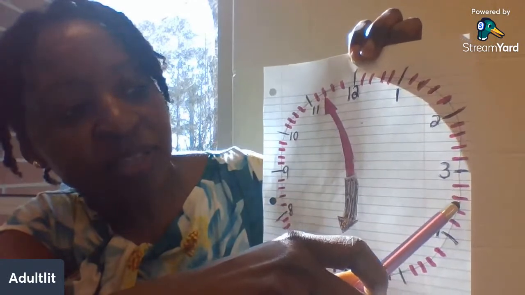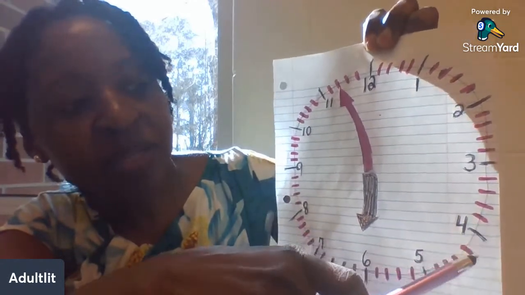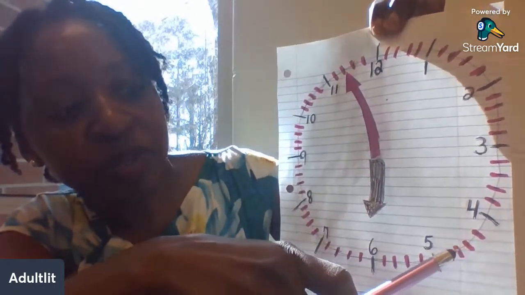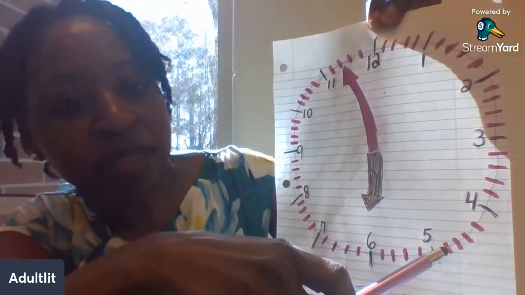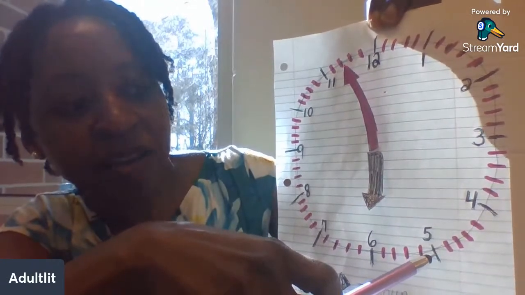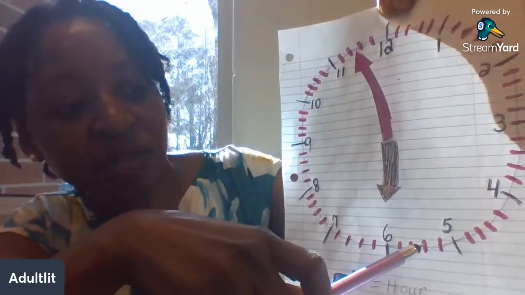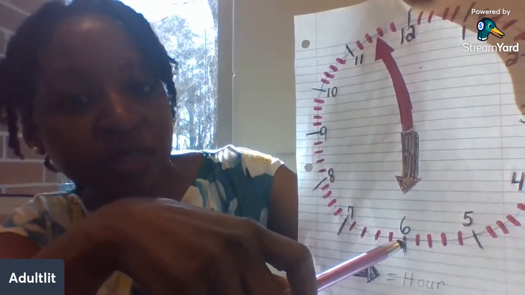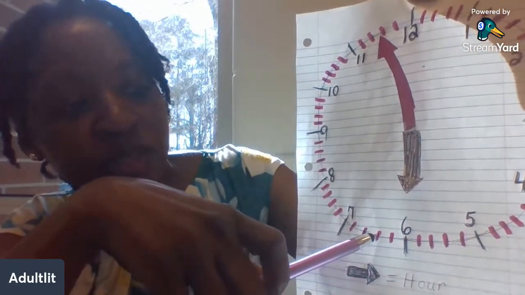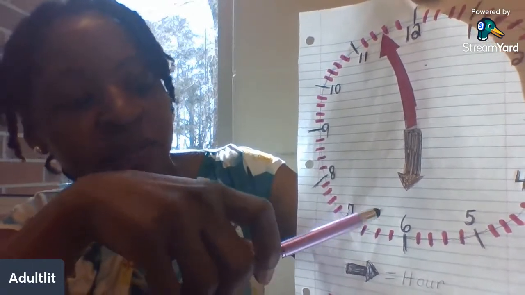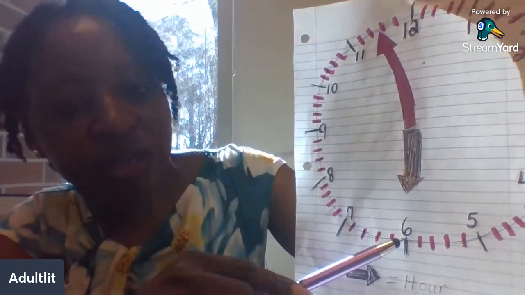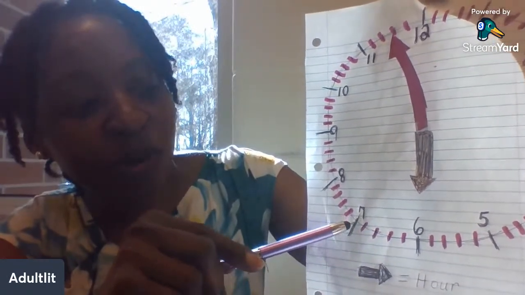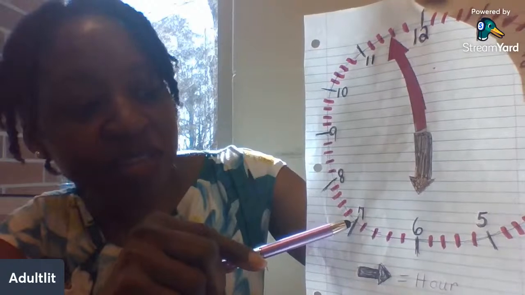16 minutes, 17, 18, 19, 20 minutes is where the 4 is. 21, 22, 23, 24, 25 minutes is where the 5 is. 26, 27, 28, 29, 30 minutes is where the 6 is. 31, 32, 33, 34, 35 minutes is where the 7 is.